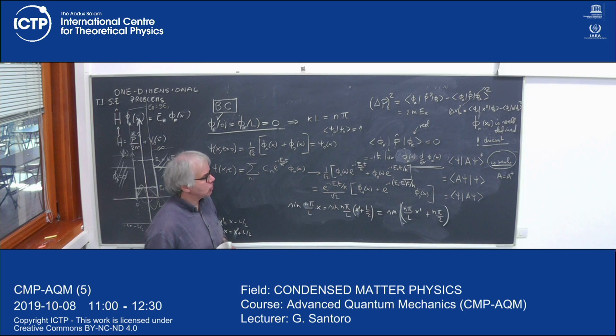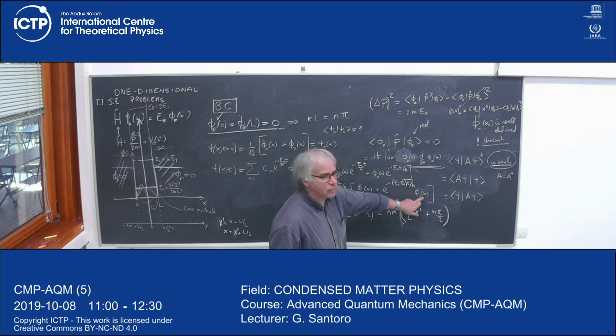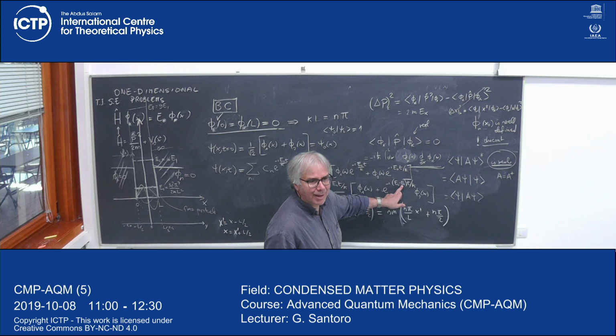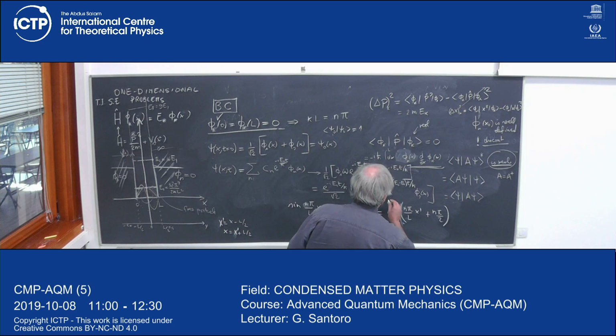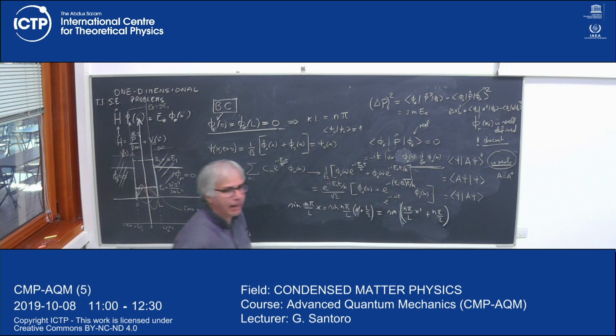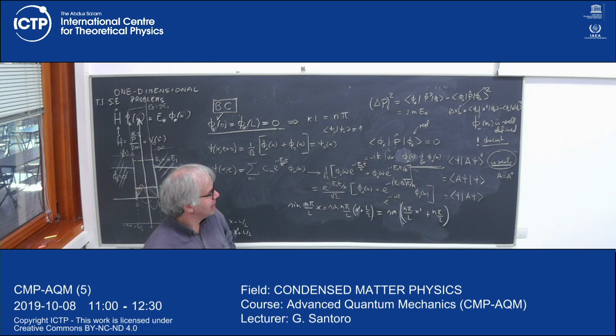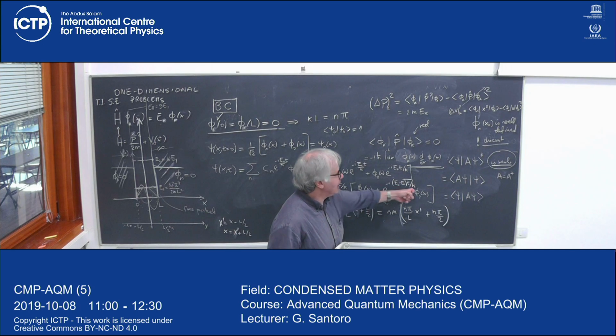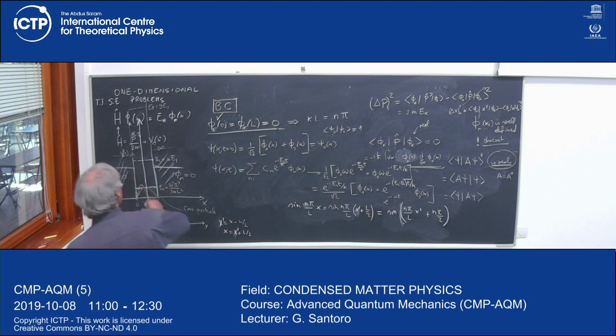So for time equal to 0, you get the previous one. But this object oscillates in time. With what frequency does it oscillate? You could view this as e to the minus i omega t. Tell me the omega. The difference between the two eigenvalues divided by h bar. This gap.